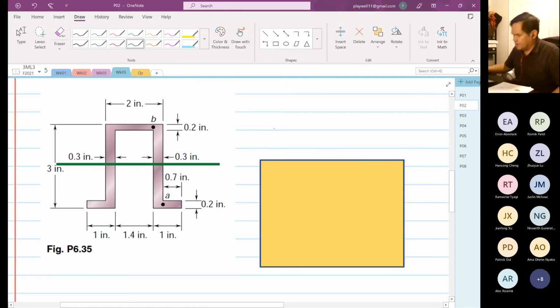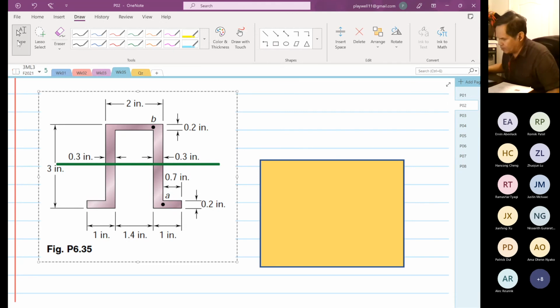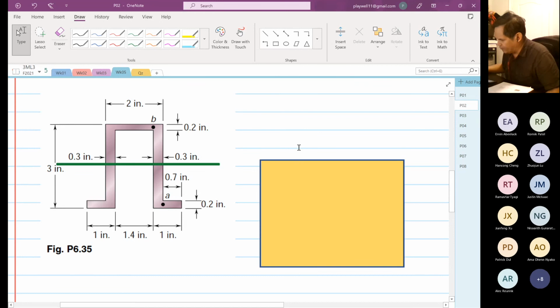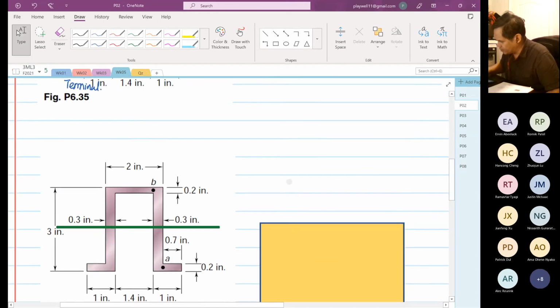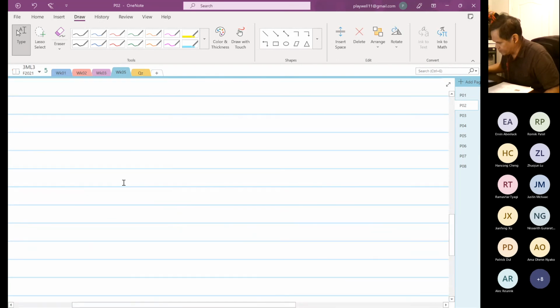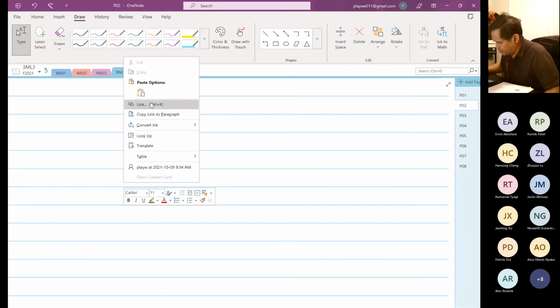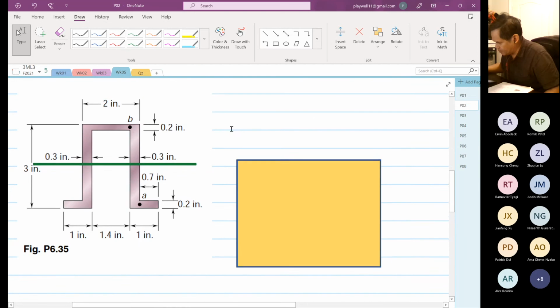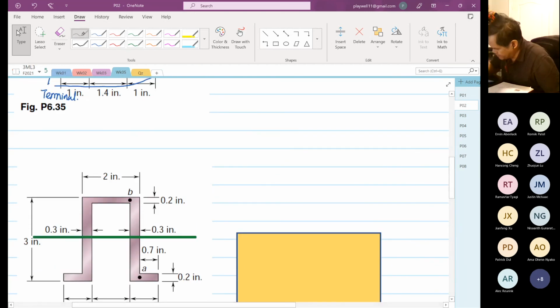What we're trying to achieve down here is we're going to find the shearing stress at point B. Let me copy this again and paste this elsewhere.